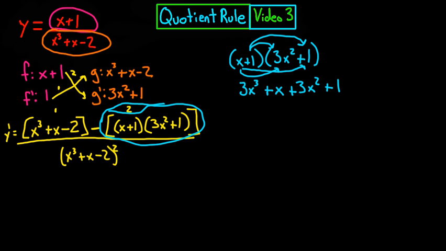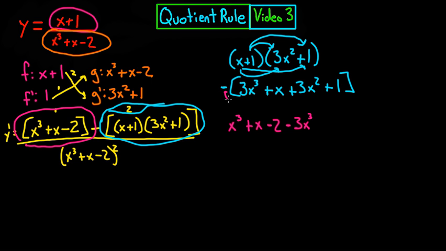So now what we've got to do is take this whole thing, which is still in brackets, and remember this whole thing is going to be negative. So let's just write this out. We've got x cubed plus x minus 2, minus 3x cubed.